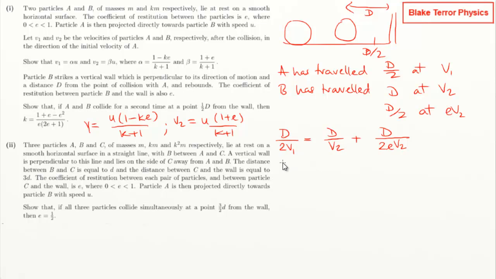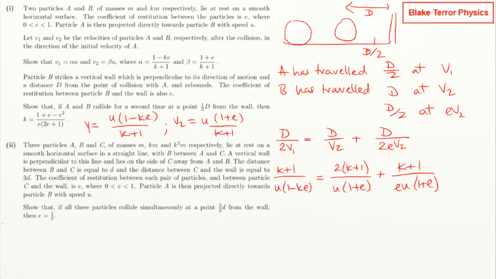So obviously I can get rid of all these d's, and then let's multiply by some 2's. So I'll have 1 over v1, so I'll have (k plus 1) over u(1 minus ke) is going to be equal to 2 lots of (k plus 1) divided by u times (1 plus e), and then I'm going to have a 1 over e times 1 over v2, so I'll have (k plus 1) over eu(1 plus e).